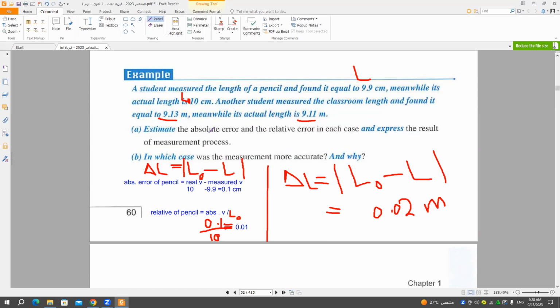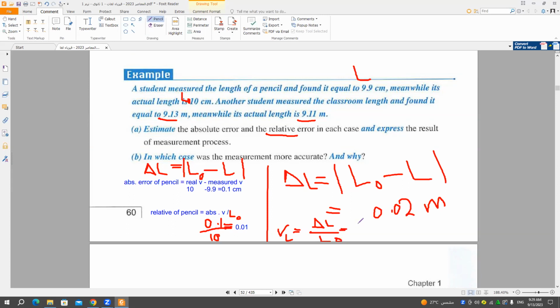We want to measure the relative error of the classroom length. The relative error for the length equals the absolute error delta L divided by the real value of the classroom size.